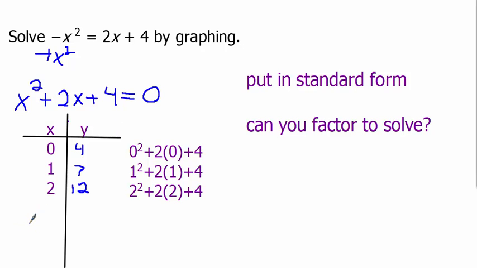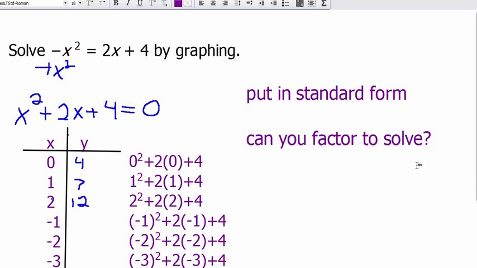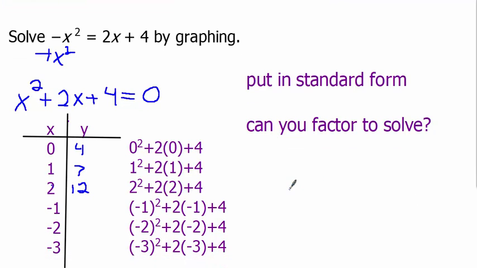So I'm going to end up going back the other way. When I try the next 3 sets of numbers and plug these in, I end up getting 3, and 4, and 7. I never crossed the zeros.